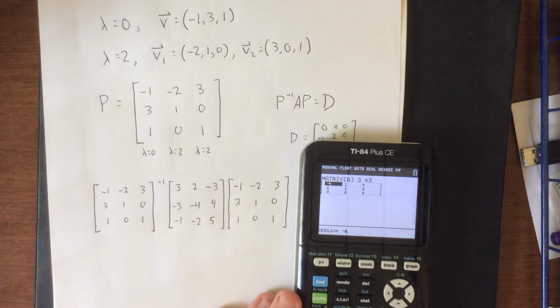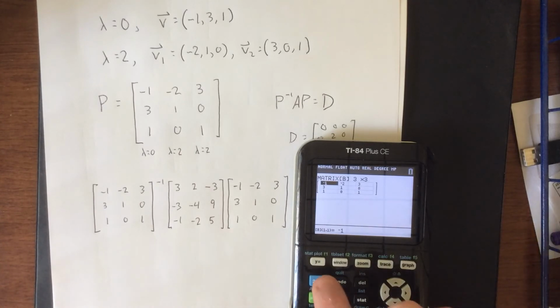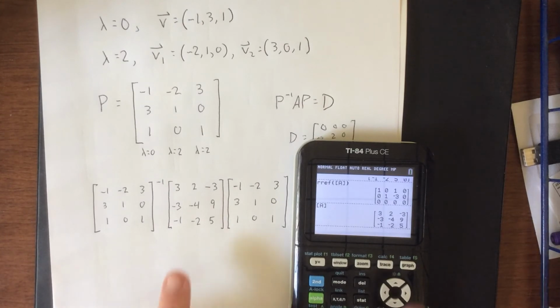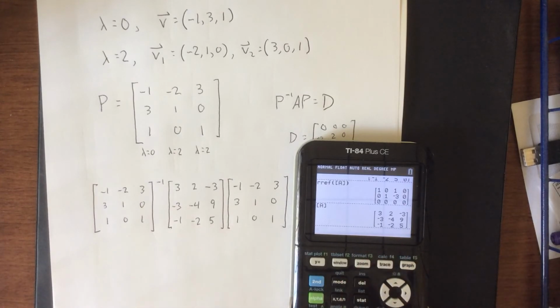So matrix P says negative 1, negative 2, 3, 3, 1, 0, 1, 0, 1. So just to make sure everything is in correctly, here's my matrix A, which does look good.